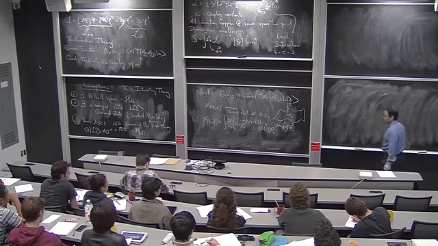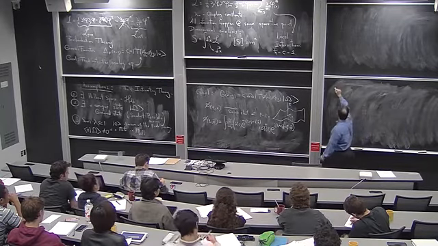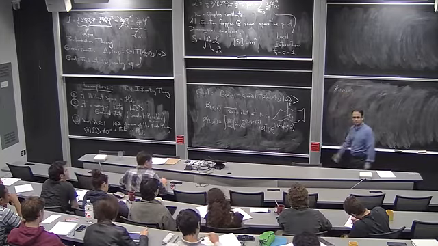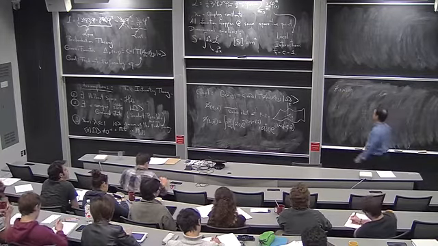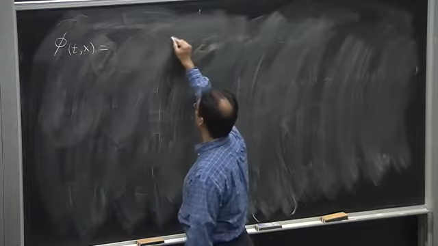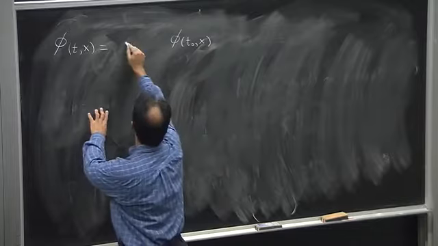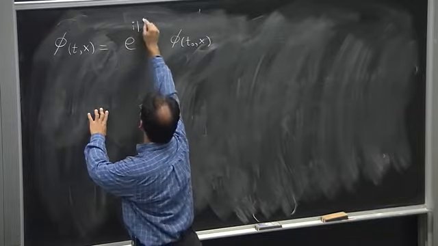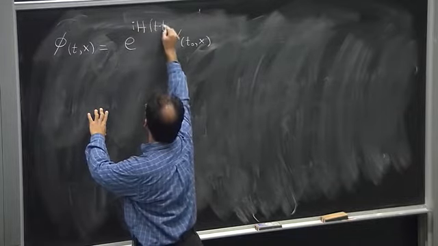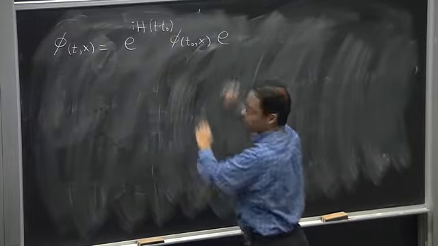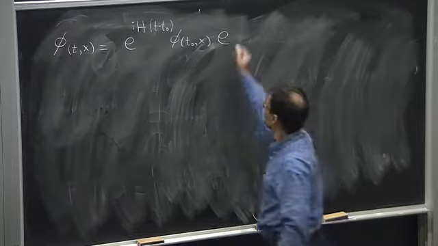But whatever it is, what we know is that the full interacting field would be obtained by our snapshot value by evolving this with the full Hamiltonian of the theory from time t0 to the time t.